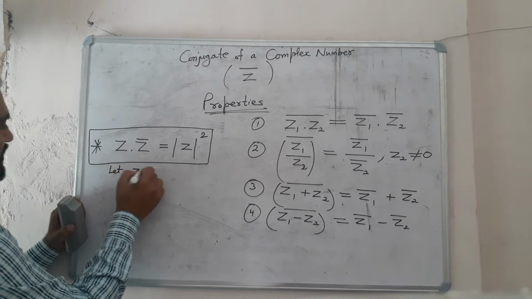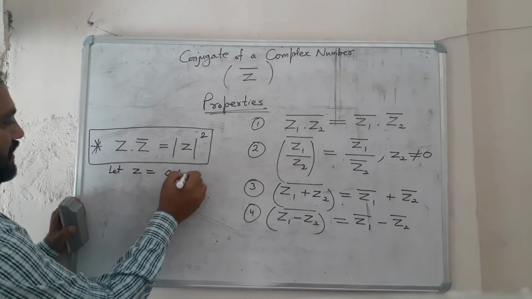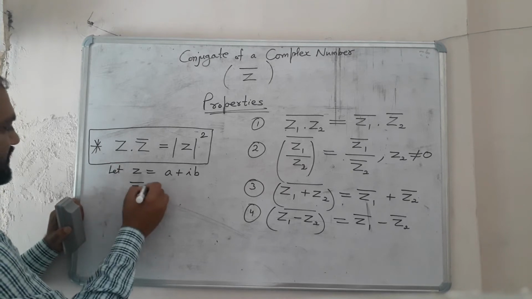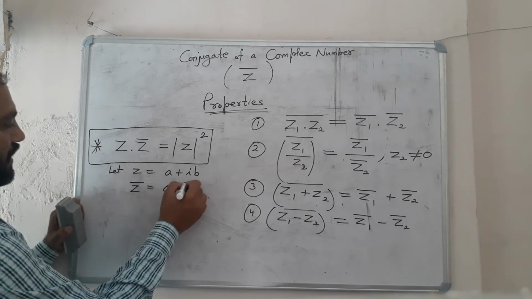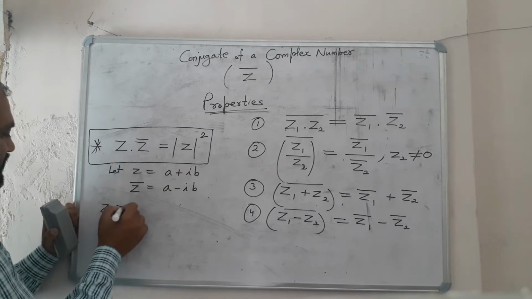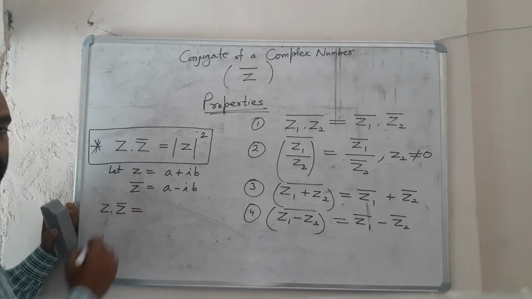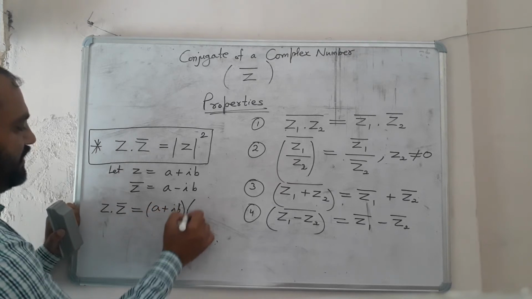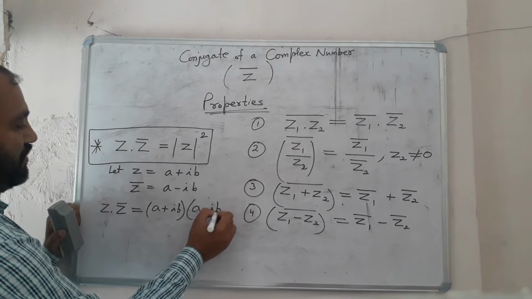Let Z is equal to a plus iota b, and its conjugate is a minus iota b. Whenever we find Z into Z bar, it is equal to a plus iota b into a minus iota b.